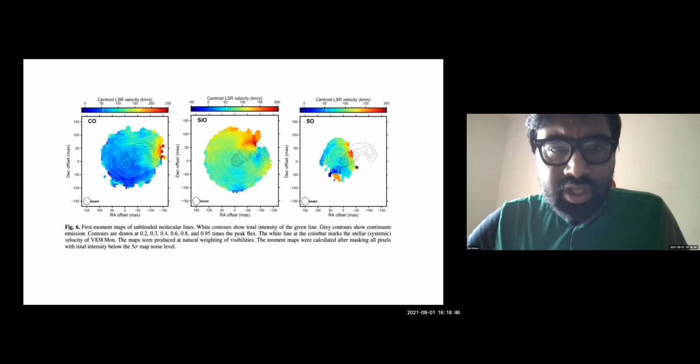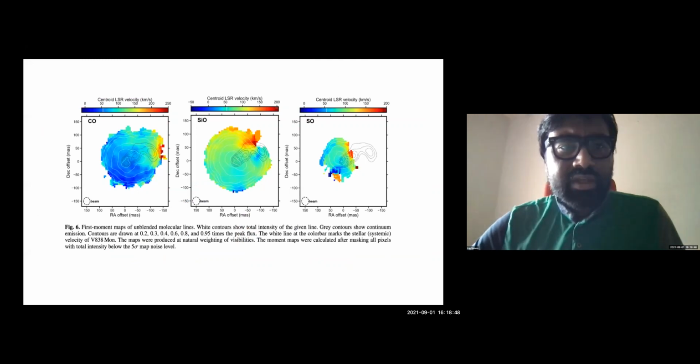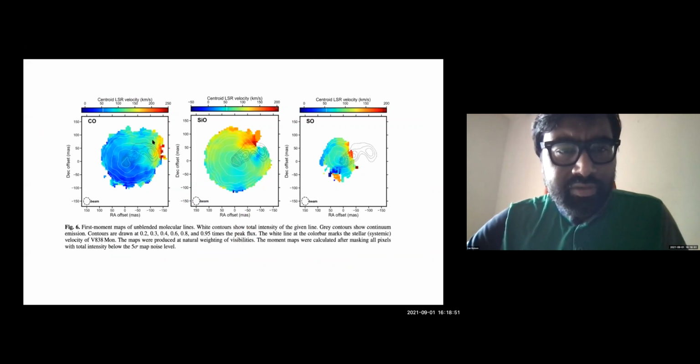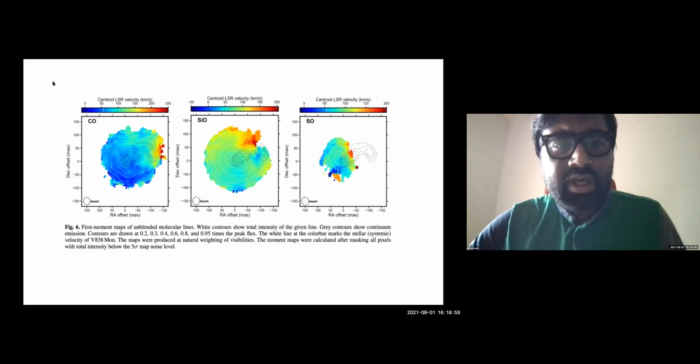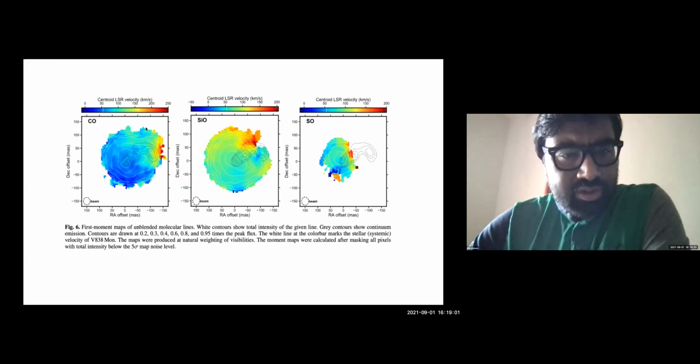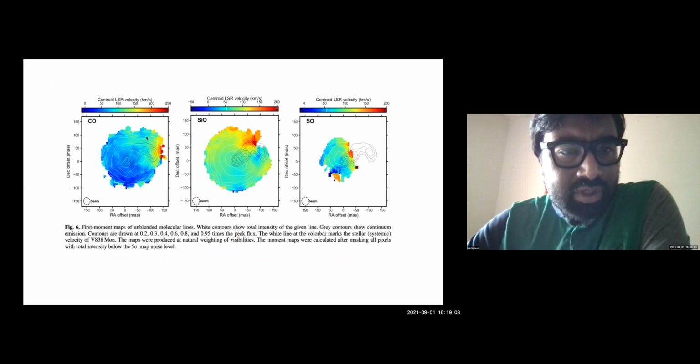Furthermore, if you look at the speed of the material around the merger remnant, and at pretty much the main molecular species that we were observing, it seems that towards the northwest you have a lot more faster moving material, so it's a lot more redshifted.